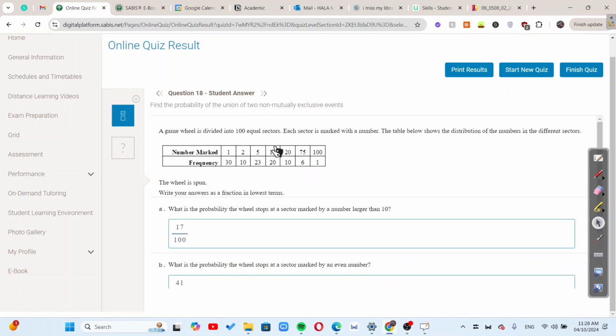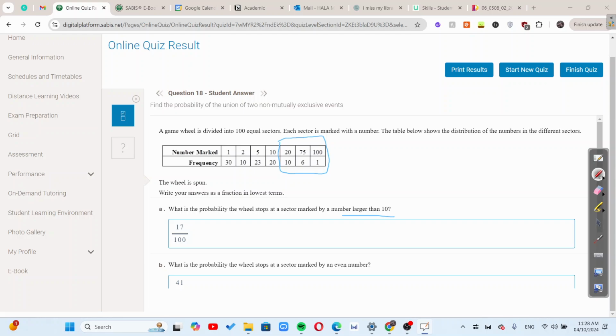Okay, again, probabilities. A game wheel is divided into 100 equal sectors. Each sector is marked with a number. So if you have one, there's a 30% chance you get one, two, and so on. What's the probability that the sector is marked by a number larger than 10? You just need to look at any number larger than 10 without 10, because it didn't say 10 or larger.